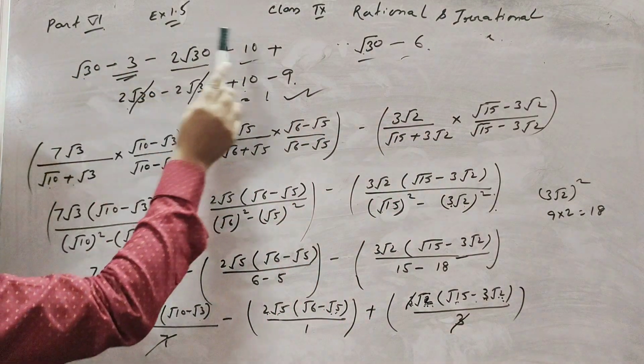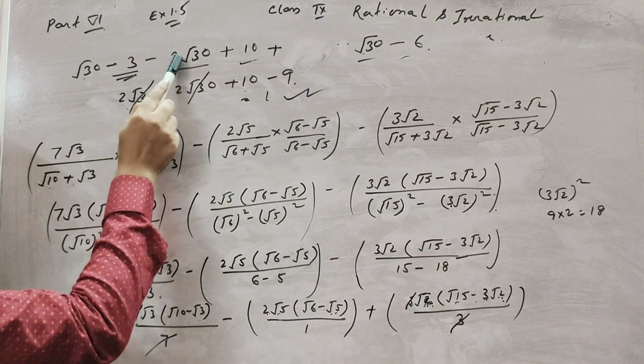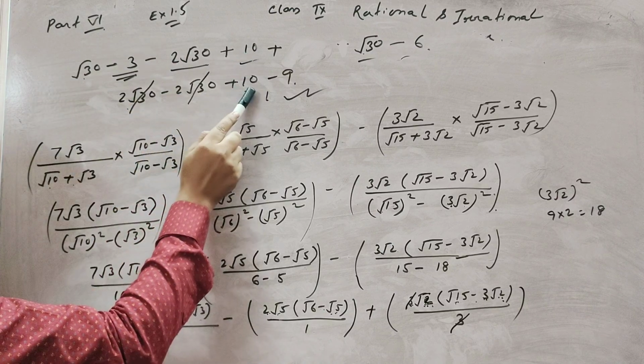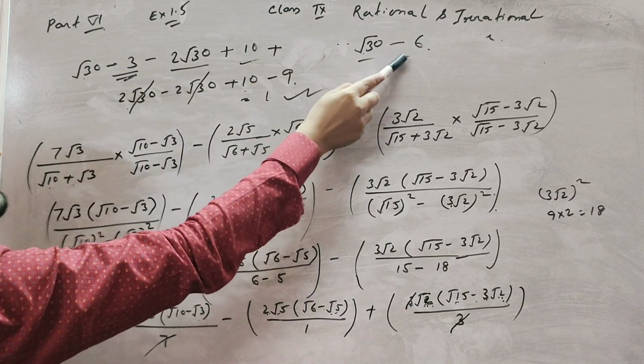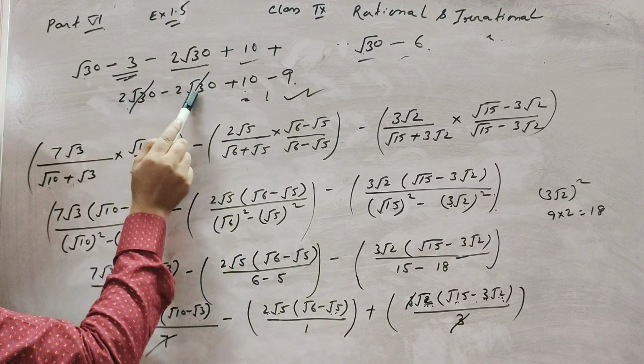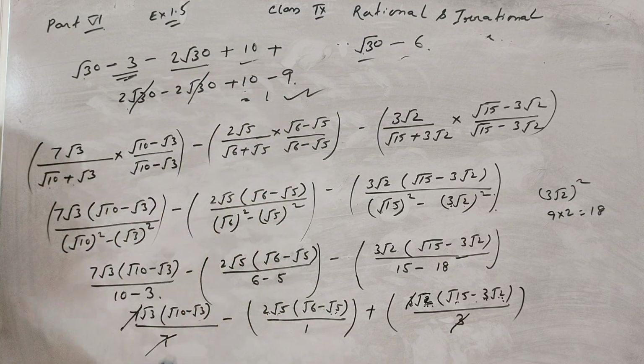So root 30 plus root 30 plus 2 root 30 minus 2 root 30 plus 10 minus 3 minus 6 minus 9. So 2 root 30, 2 root 30 cancel down, 10 minus 9, it's 1, okay.